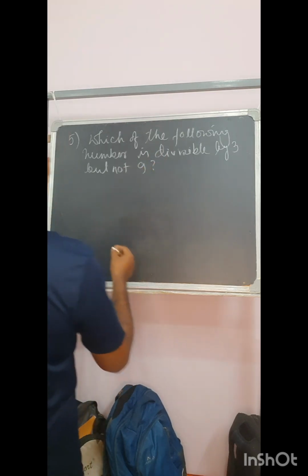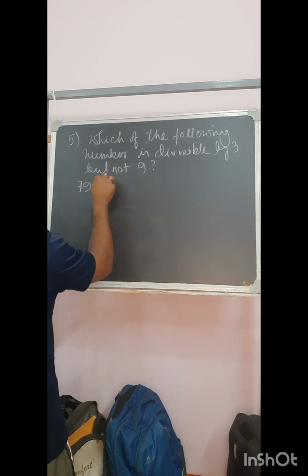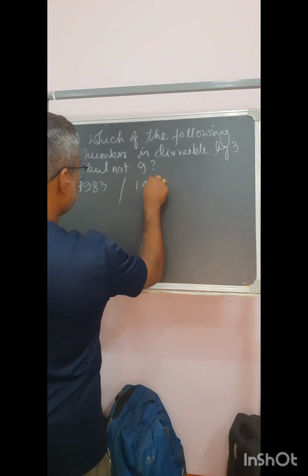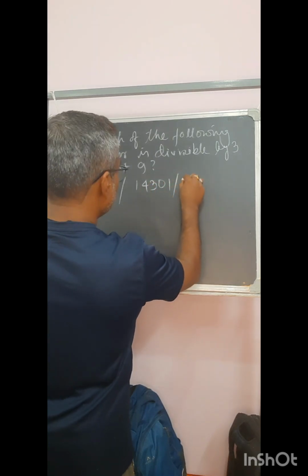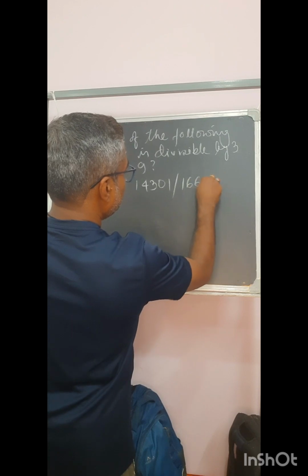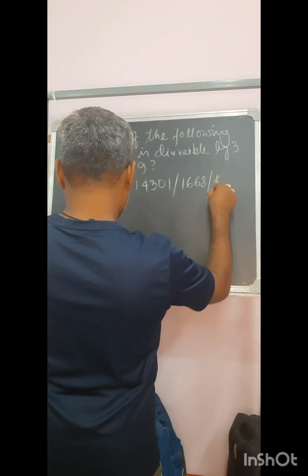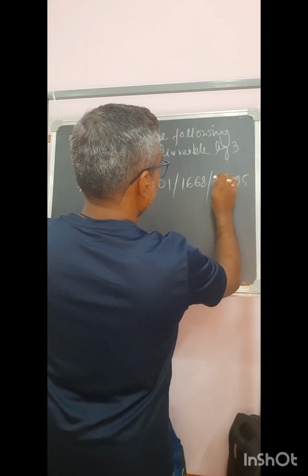So the numbers given are: first number is 7983, second number 14301, third one is 1668, and fourth one is 4995. Okay.